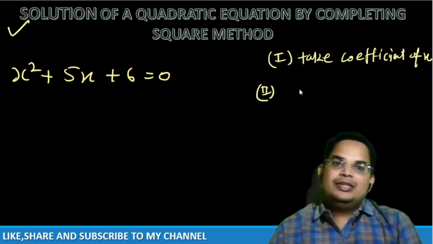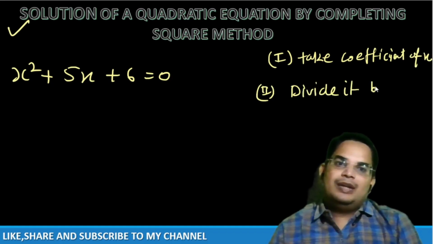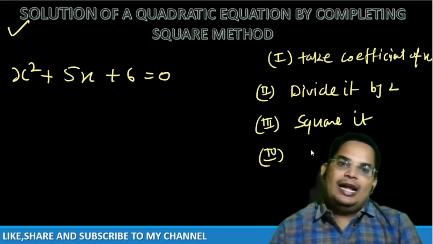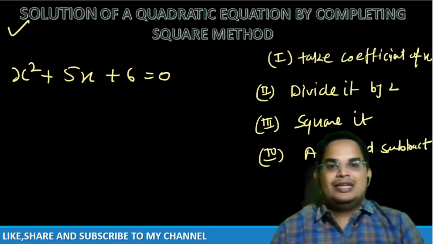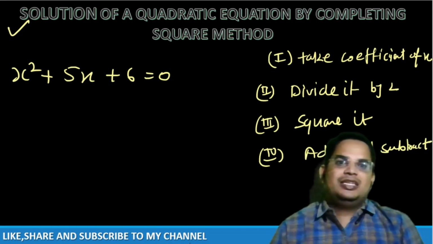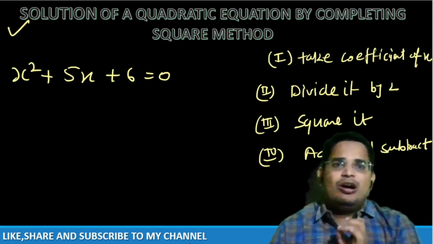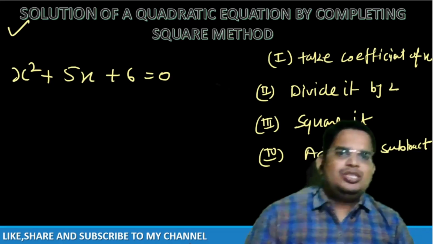Second, divide it by 2. Third, square it. Fourth, add and subtract. If you follow this method, you can solve any quadratic equation with the help of the completing square method. So now I am going to tell you how to do this question.